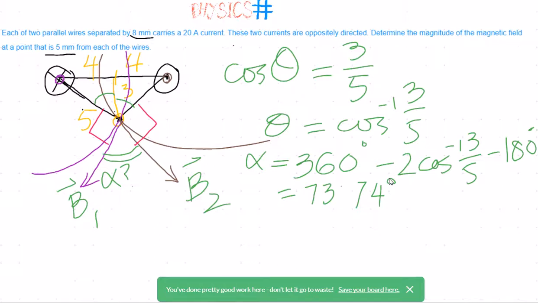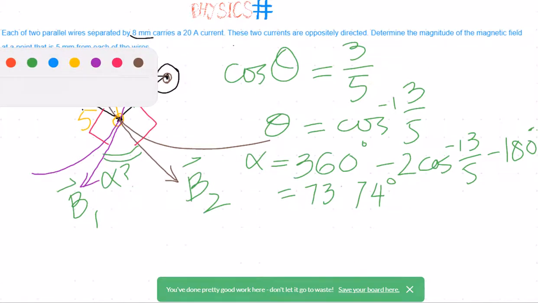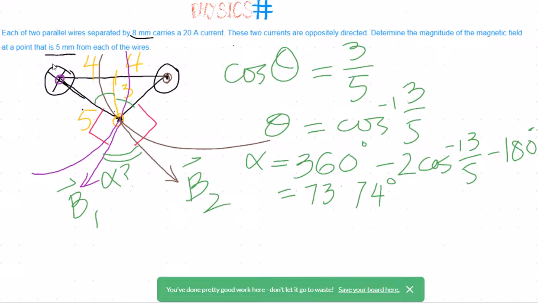That formula is, let me use a different color from now on, if I call the magnetic field magnitude B, then it's equal to mu naught I over 4 pi r.